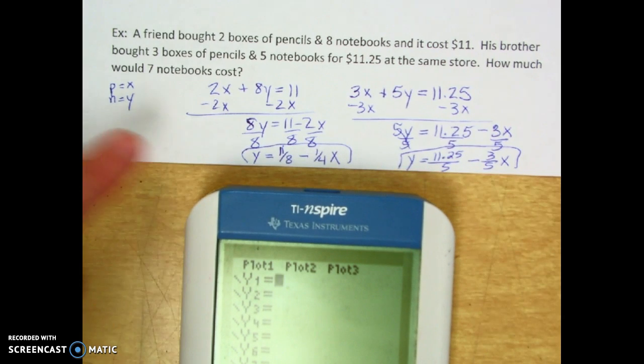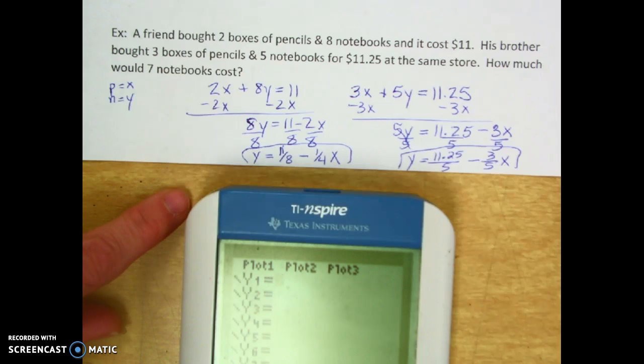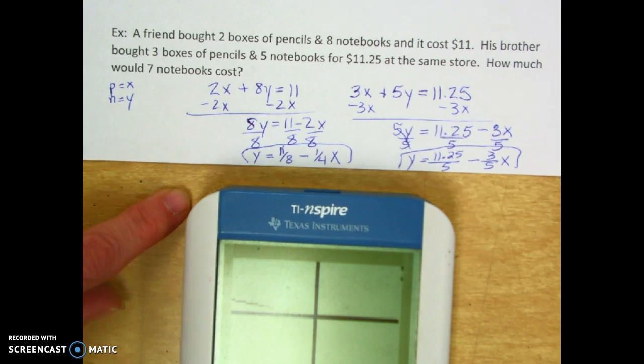Okay, so let's see, y equals 11/8 minus 1/4 x, and then we have 11.25 over 5 minus 3 over 5 x, and let's take a look what we see.